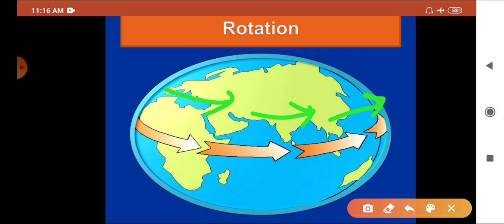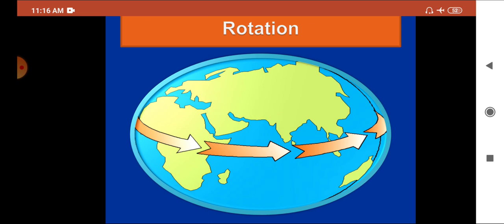So that movement of that ball at a point without changing its position, when we rotate that ball, is called rotation. Here you can see the rotation of the earth.